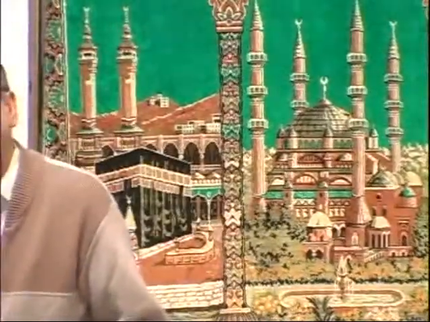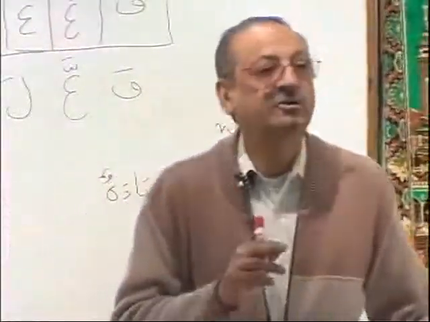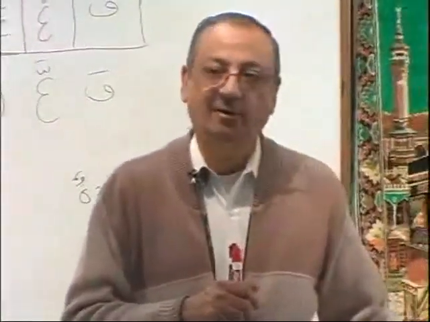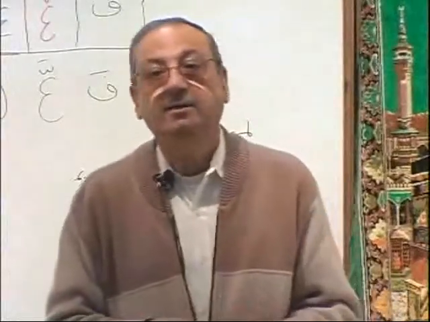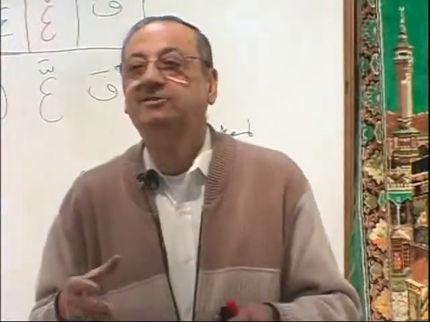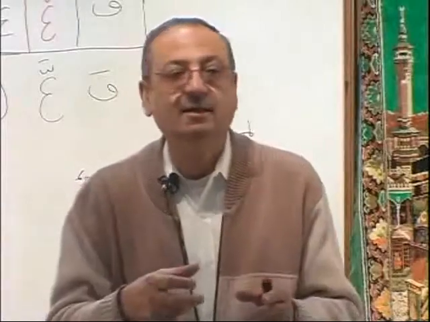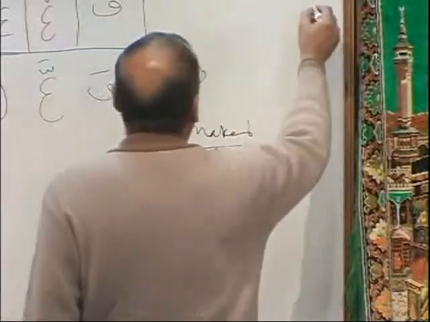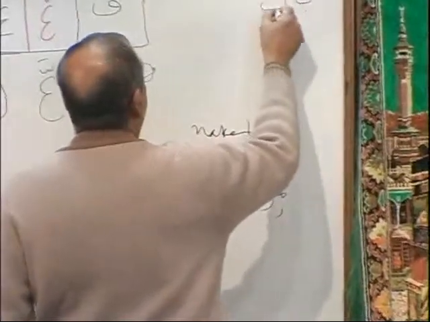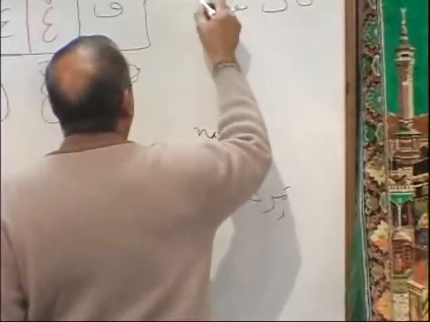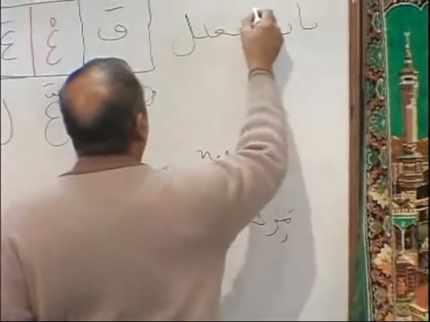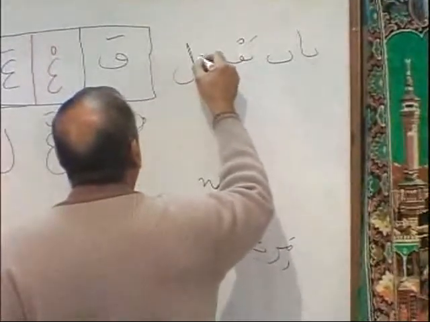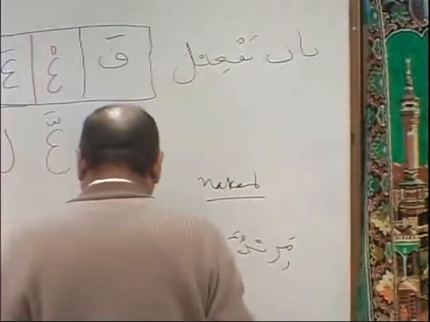Okay. Now I have one more request to you, brother. This we will call form 2. But you can also say Bab Tafa'il. And try to say Bab Tafa'il. Now Tafa'il is the wazan, the pattern of the masdar. You will say Bab Tafa'il.